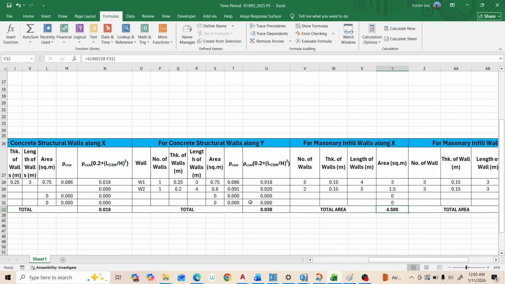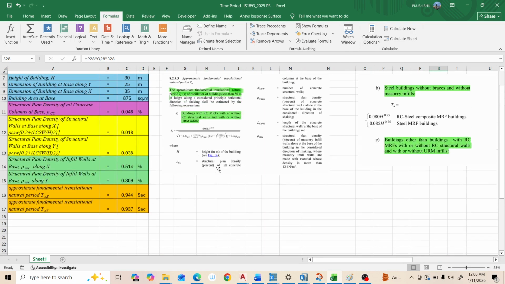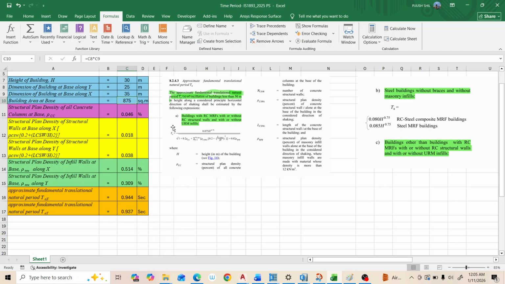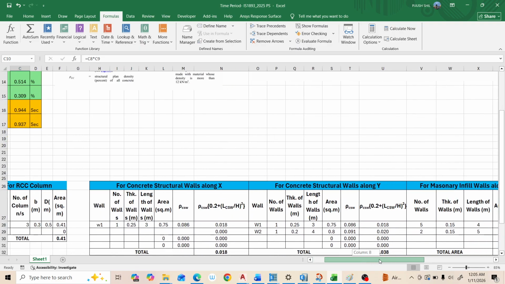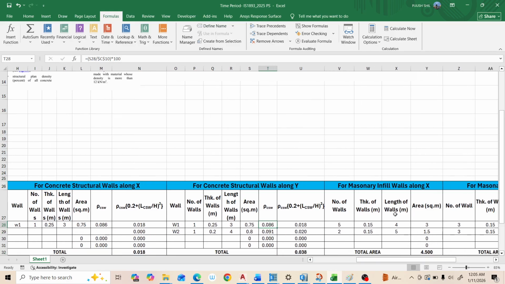So here, how to find out rho CSW? Rho CSW is nothing but this area, whatever I am getting here, 0.75 divided by my 875. So I can get the rho CSW value in terms of percentage. And then I can go for my infill walls.